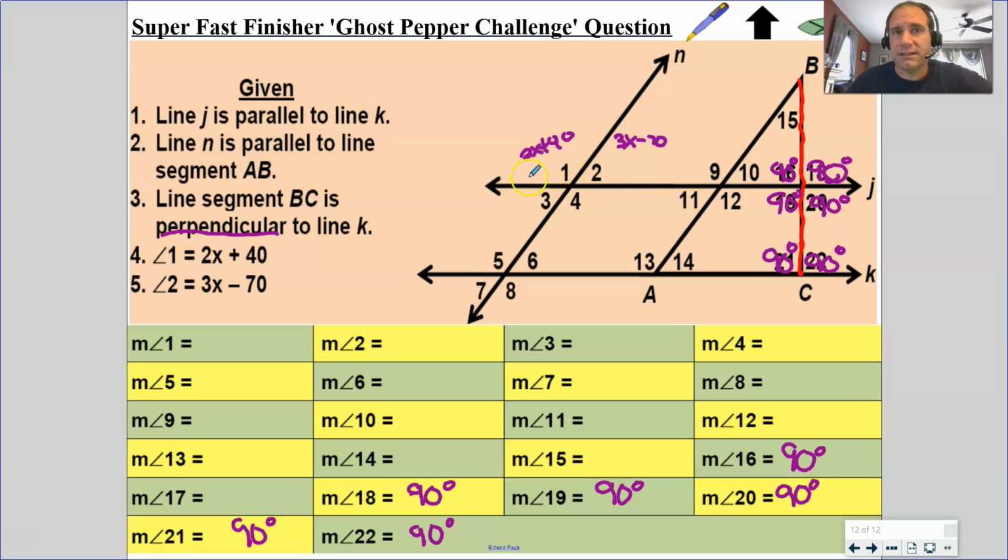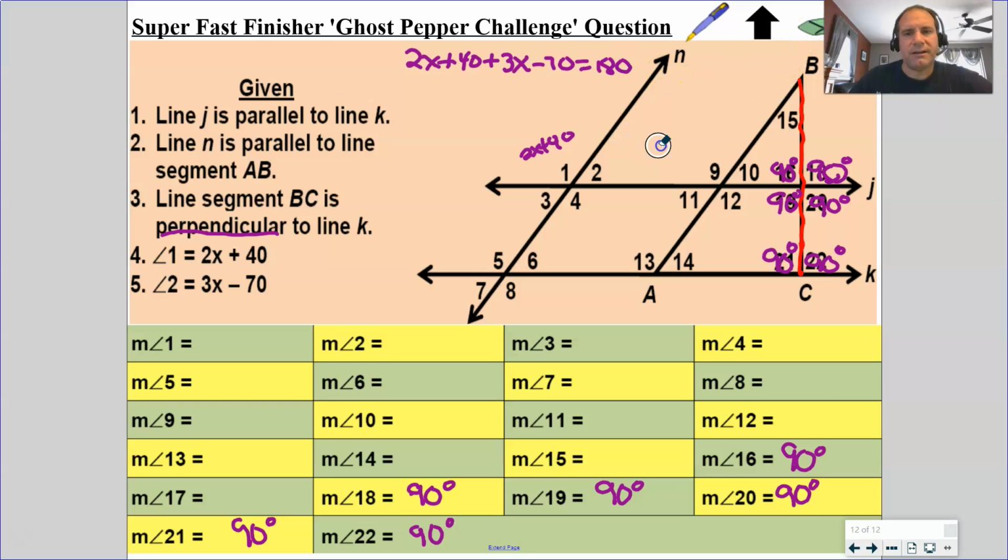Are those angles equal to each other, or are they supplementary? If you said they're supplementary, that is correct. Remember, this is part of a straight line. Angle 1 plus angle 2 equals 180 degrees. So I'm just going to write up here 2x plus 40 plus 3x minus 70 equals 180.